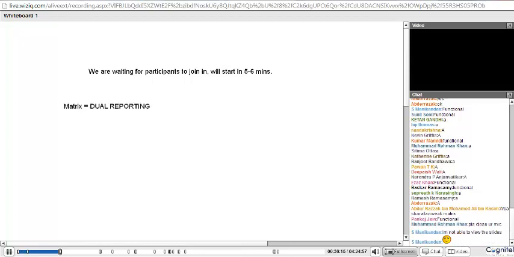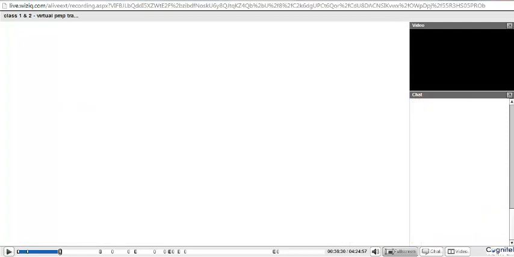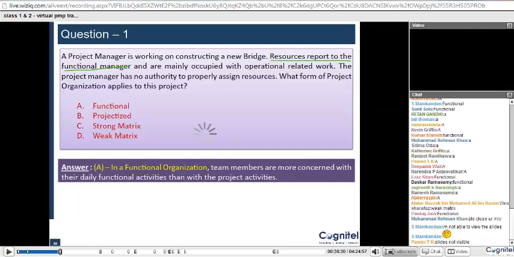Be it weak matrix, balanced matrix, or strong matrix, there will always be an element of dual reporting, which means the resources would be reporting to the functional manager as well as the project manager. But in the question, it clearly says resources report to the functional manager, which itself means that this is a functional organization. I don't even need to read anything else in the question.